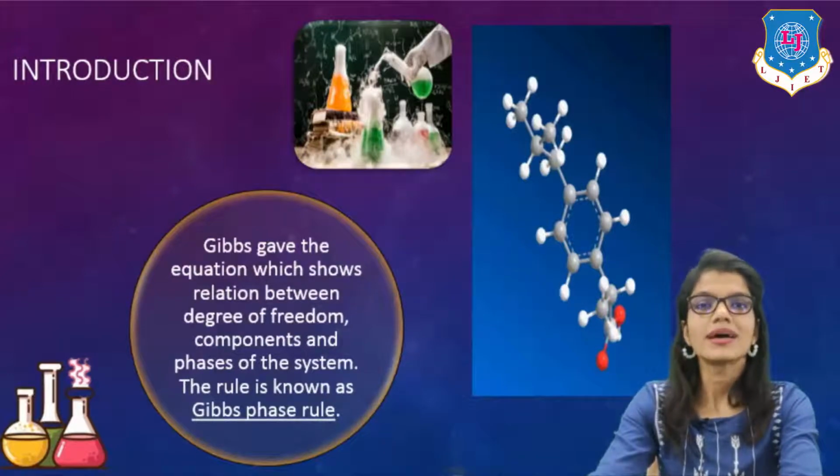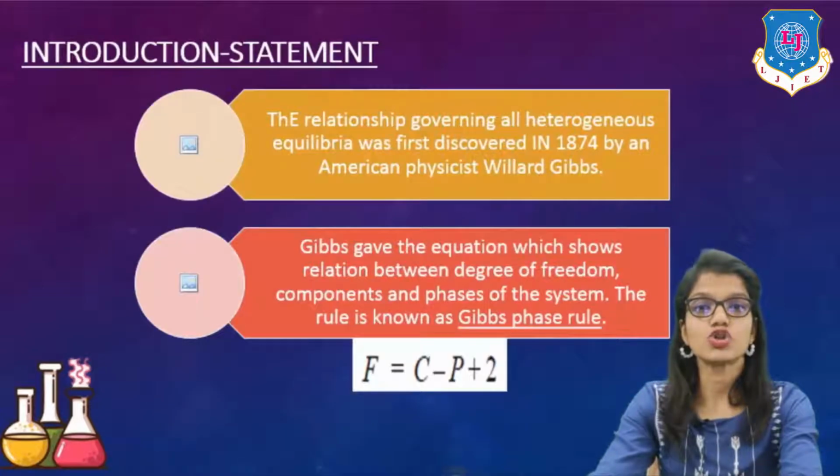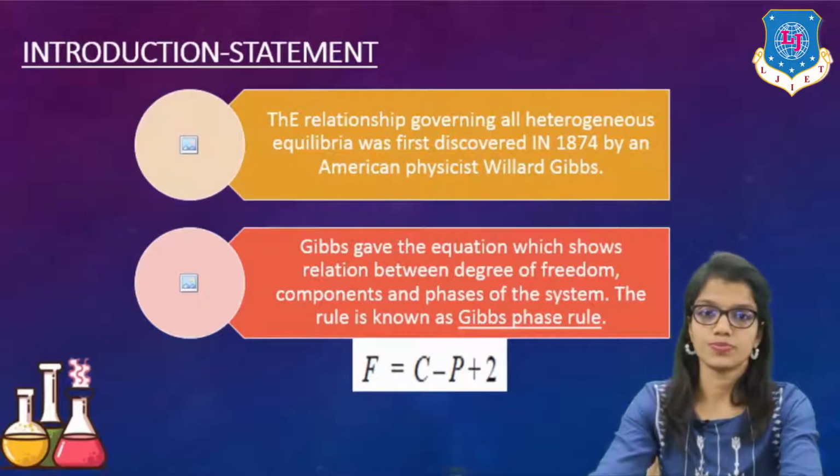So why do we use it and how can it be important for us? This is the statement of the phase rule. How can we write it? Here, capital F is equal to C minus P plus 2. Remember that all the terms are capital, not written in small letters.